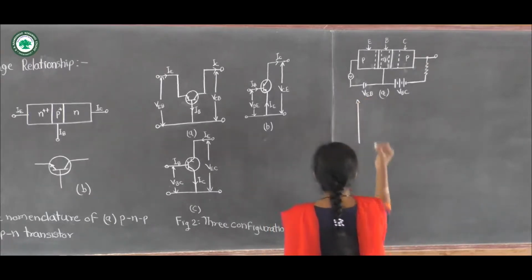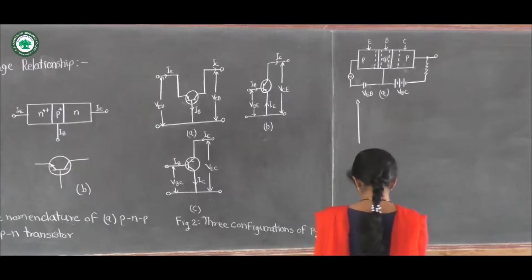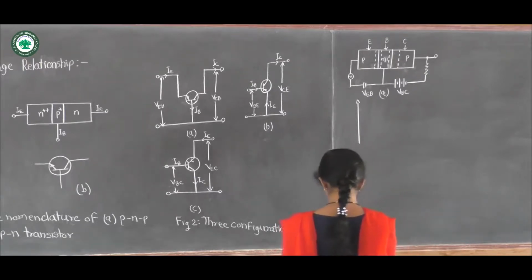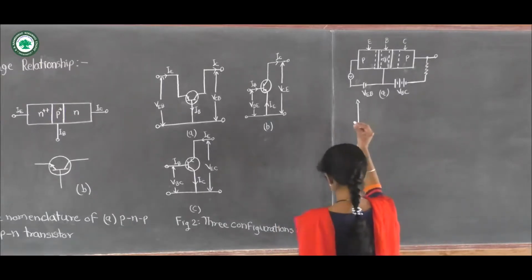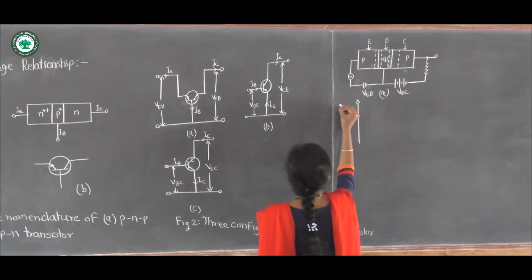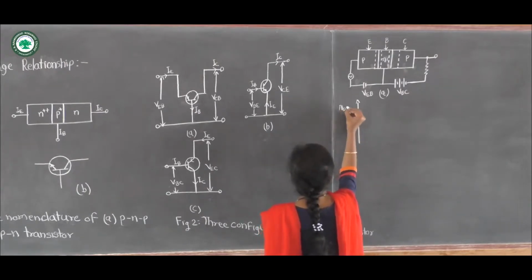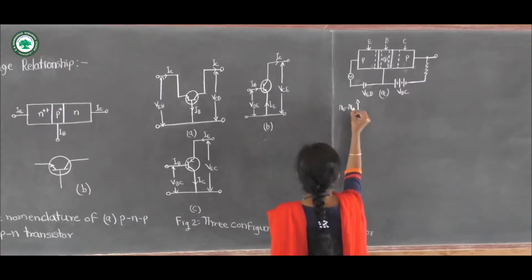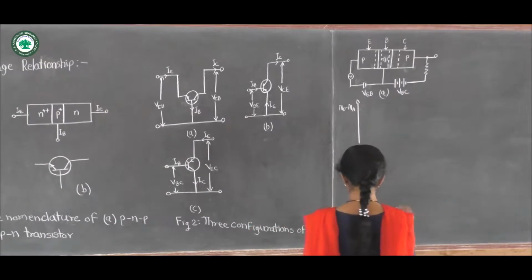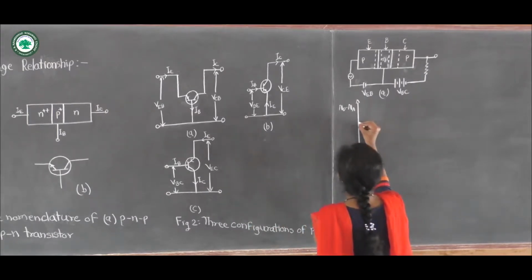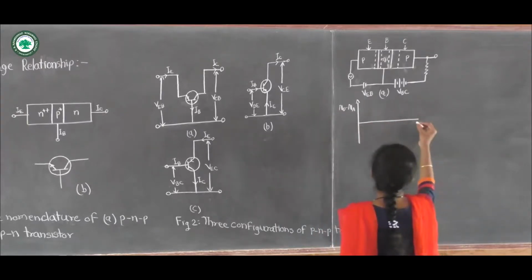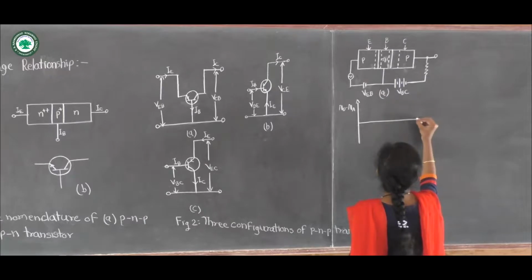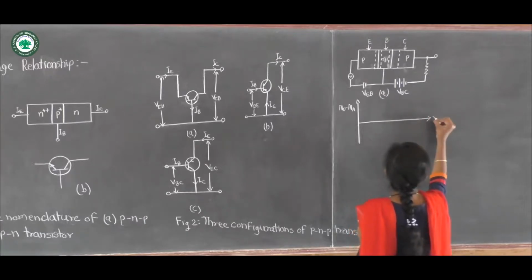Again we will draw figure B, which shows the doping profile of this transistor. So on the y-axis I denote ND minus NA, that is the density of donor atoms or acceptor atoms, and on the x-axis distance. So this is x.